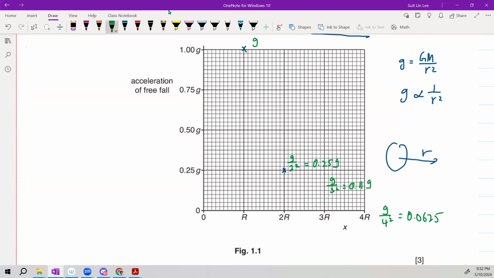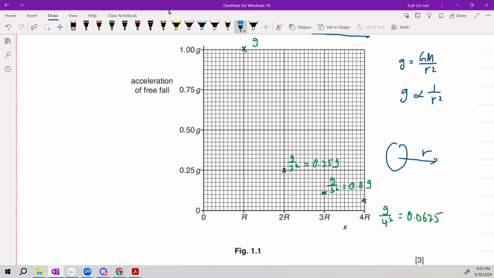So please plot accurately. This is 2.5 boxes. And 0.11 divided by 0.025 is 4.4 boxes, so 4.5 boxes here. 3 marks.